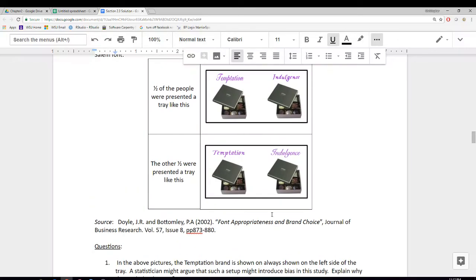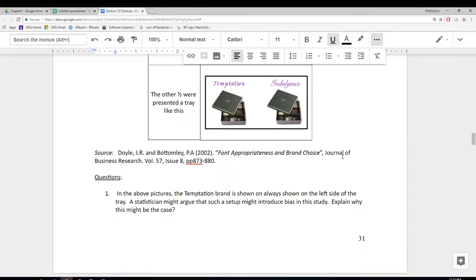Most people are right-handed, and if this tray is presented in front of us, maybe right-handed people always tend to pick the object that's on the right side of the tray. It's easier to grab that. You don't have to reach across the tray to grab the other. So that might introduce bias into your study.